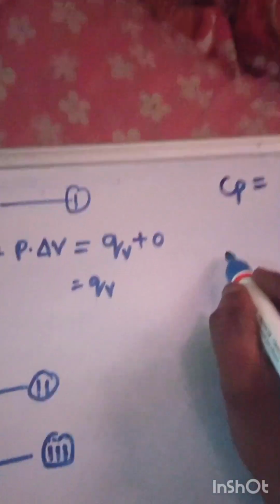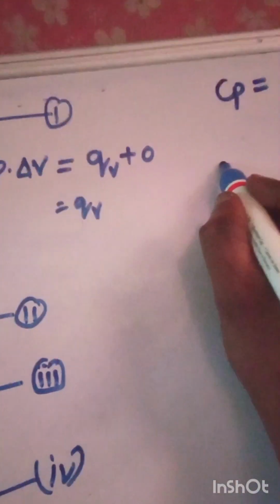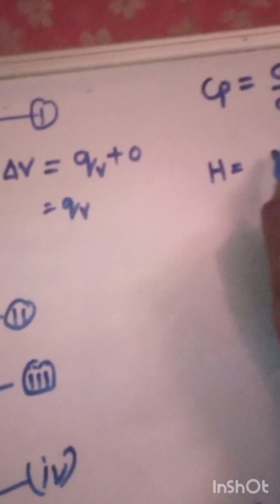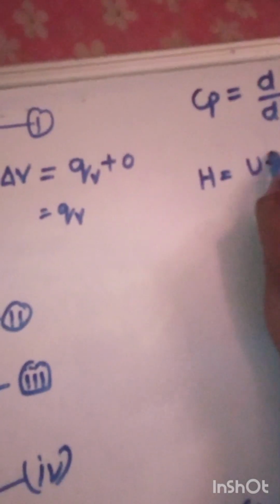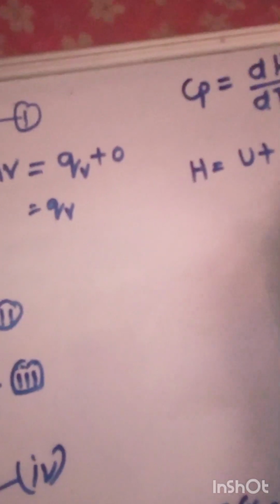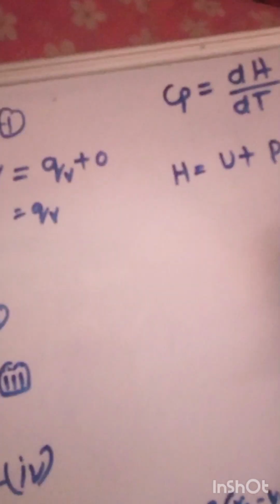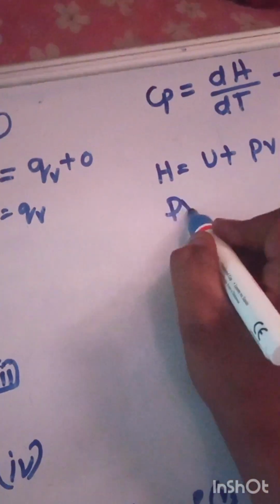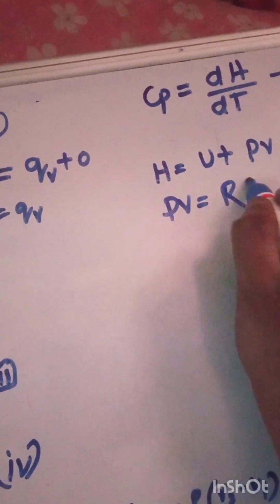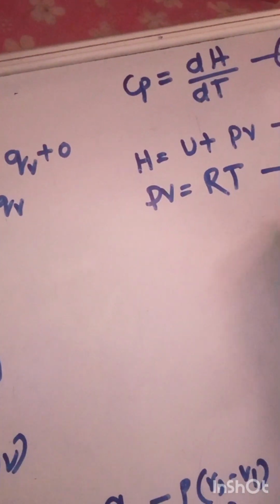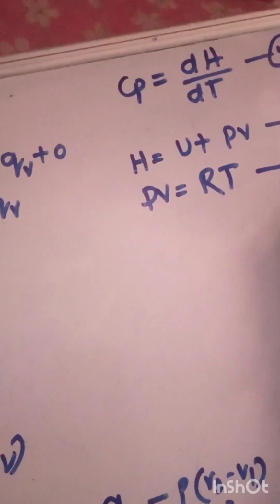Now you already know that H is equal to U plus PV. This is equation 6, and PV is equal to RT for 1 mole of ideal gas. This is equation 7.